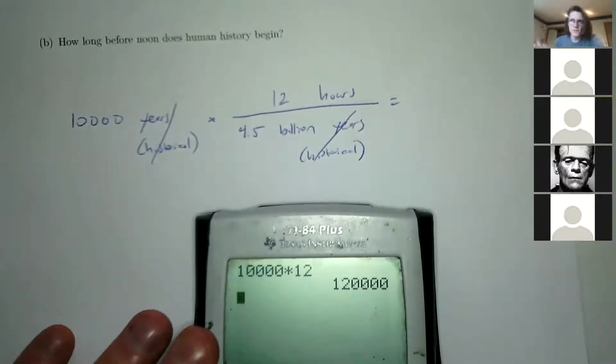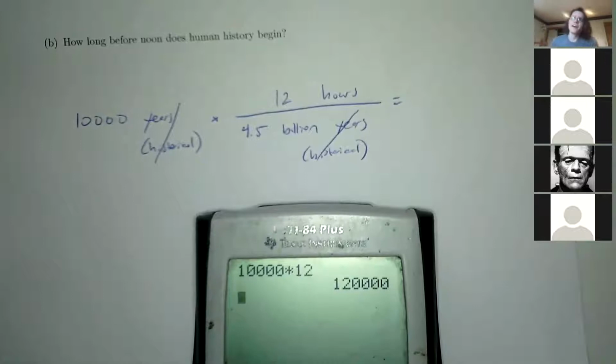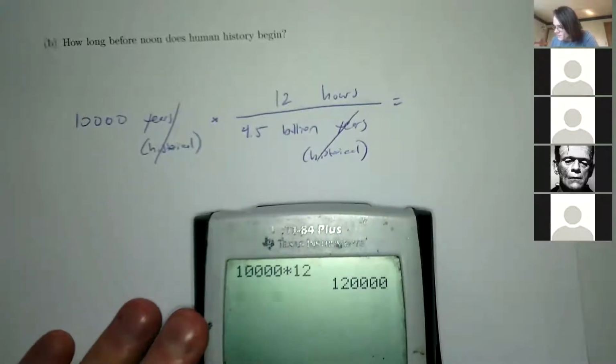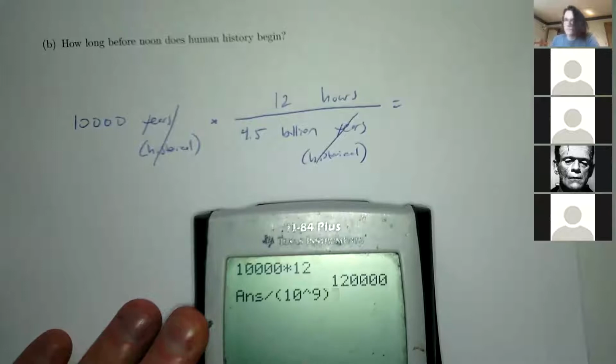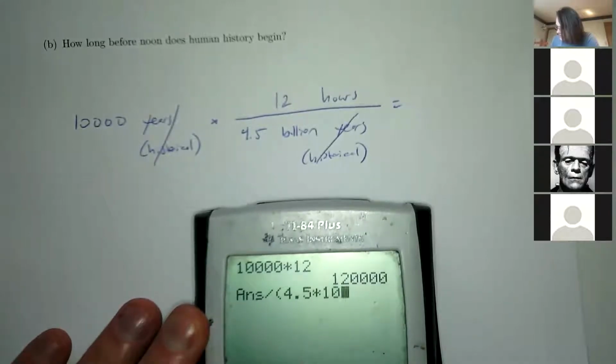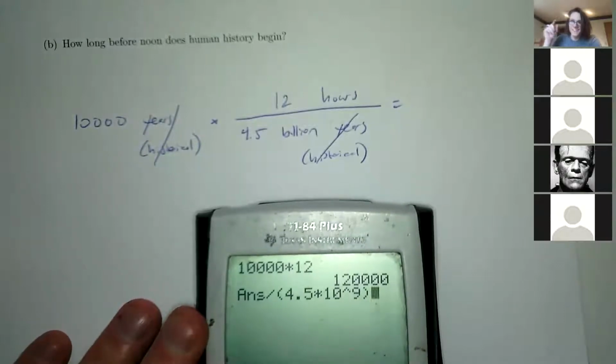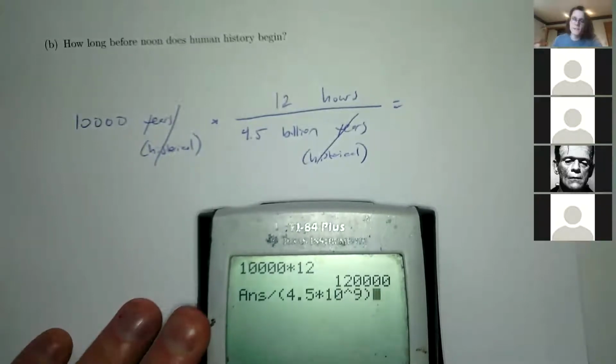Everyone knows what a million is, with 6 zeros, and then you just do 3 more. So it goes back to some scientific notation stuff: divided by 4.5 times 10 to the 9. That's 4.5 billion years, because 10 to the 9 is billion, and then we have 4.5 of them. You don't need to do it like that, but it's a nice way.